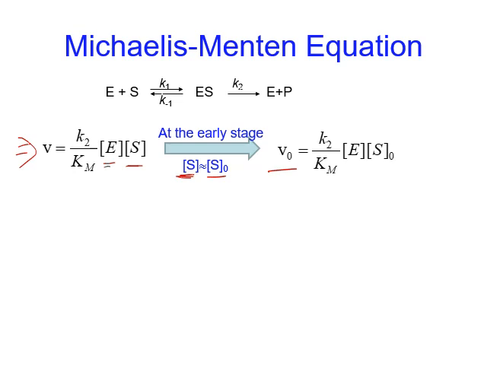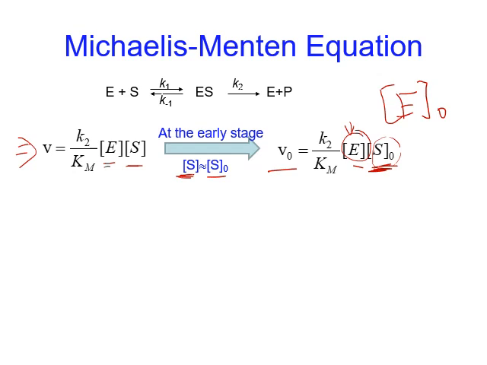This represents the reaction rate at the early stage, which should equal k2 over Km times E times S naught, the initial concentration. So this is the one we already know. We know how much we added. But the enzyme, we still don't know. We know the initial enzyme, but how much enzyme there is at a particular instant, we don't know.